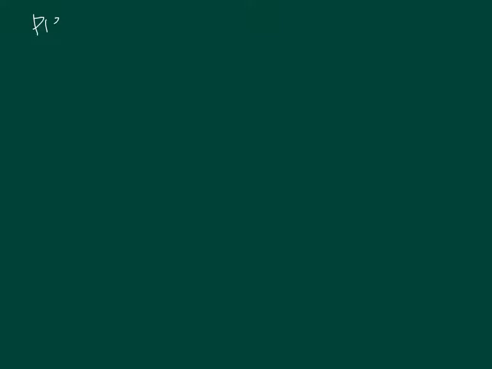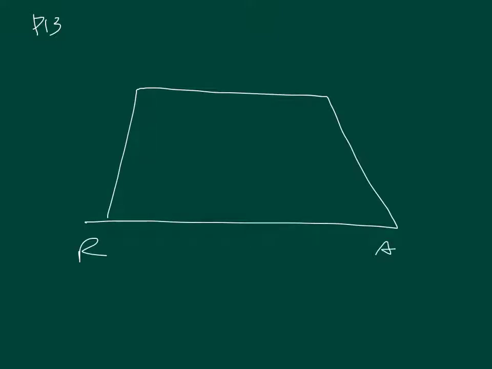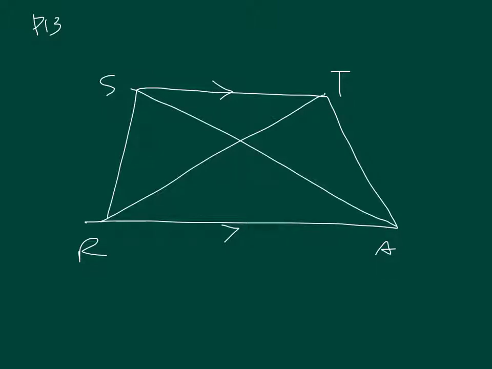Problem 13. Quadrilateral RATS is a trapezoid with segment RA parallel to segment ST, and diagonals RT and AS meet at O. Explain why triangle ROA is similar to TOS.